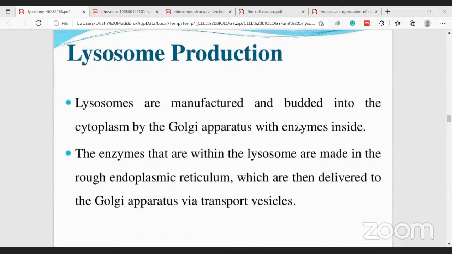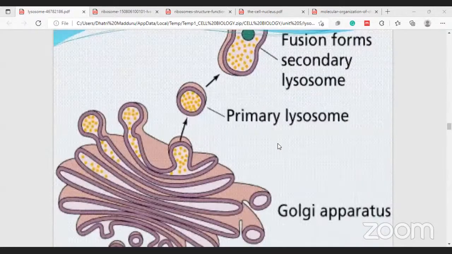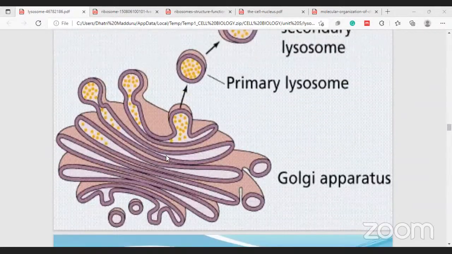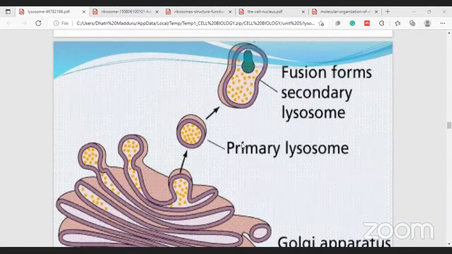Here they are made in the rough endoplasmic reticulum, that means the ribosomes associated with the endoplasmic reticulum. Once they are synthesized, they are delivered to the Golgi apparatus via transport vesicles, and from the Golgi apparatus they are budded off. So like this, from the Golgi apparatus, the primary lysosomes will be formed.